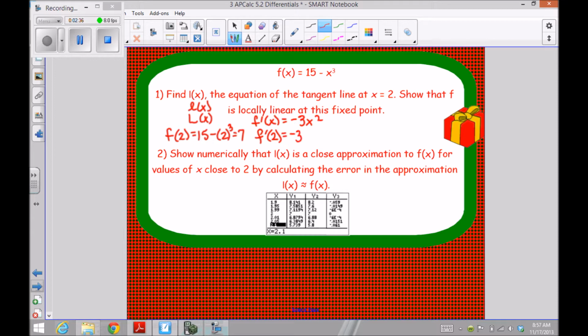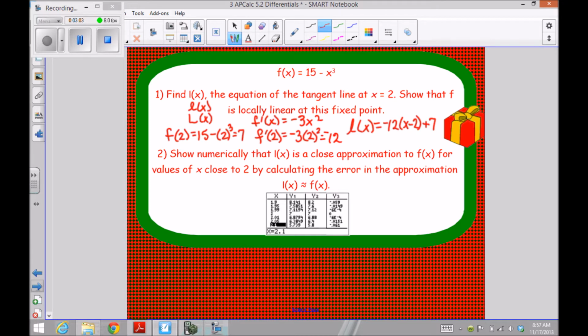So negative 3 times 2 squared, which is negative 12. Okay. So my equation of my tangent line L of x is going to be negative 12 times x minus 2 plus 7. Easy enough. Y'all can do that.